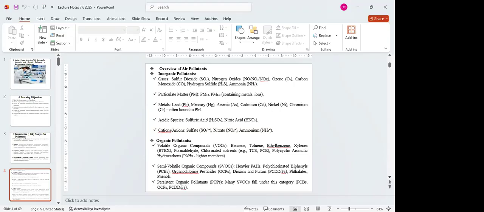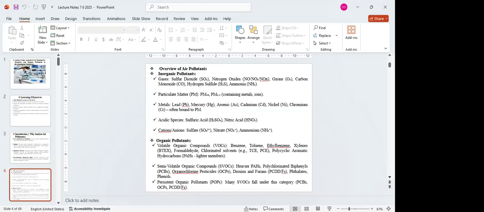Now we have the persistent organic pollutants, POPs, and these are called persistent because they don't easily go away. Their shelf life is so large that they are there for a very long time. So the chances of contacting them, even after they have been used in a particular environment, is very high.